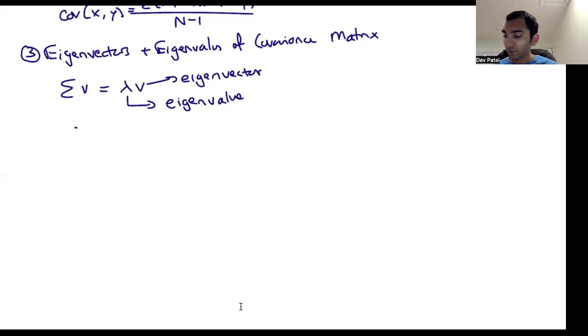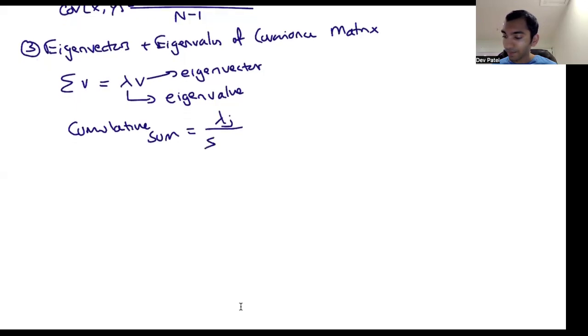The formula is you take the eigenvalue divided by the sum of all the eigenvalues.